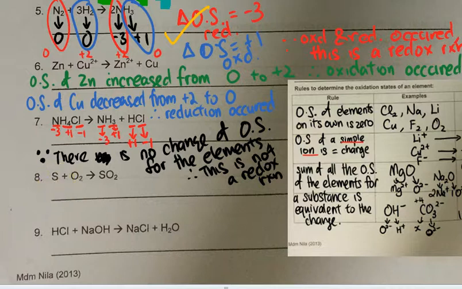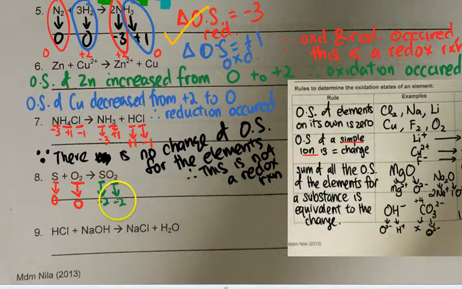Okay, now let's look at the next one. Sulfur, element on its own, so oxidation state 0. Oxygen, oxidation state also 0 because element on its own. Now, this one is a little bit tricky because if I ask you to follow the method which I said just now, you realize sulfur, oxidation state minus 2, oxygen oxidation state also minus 2.